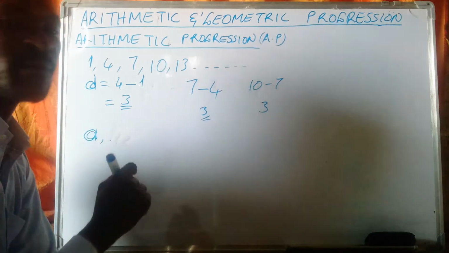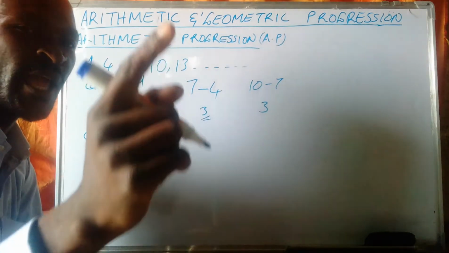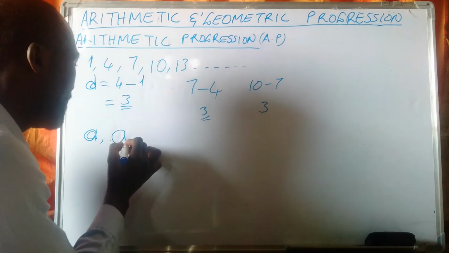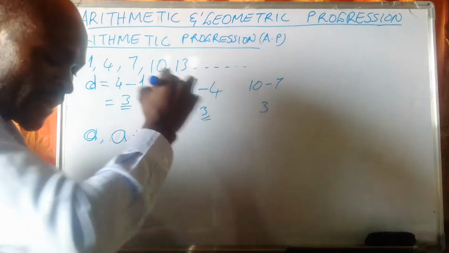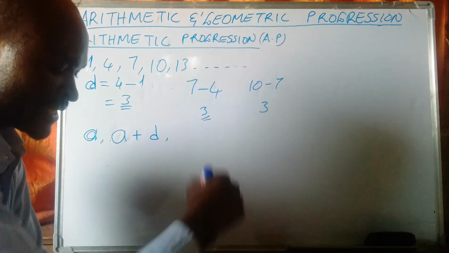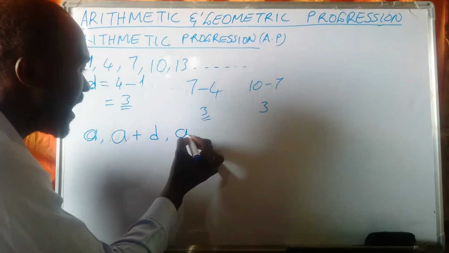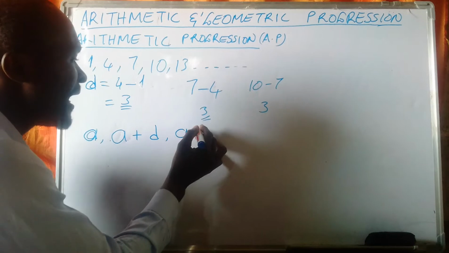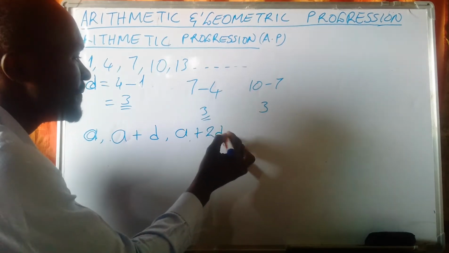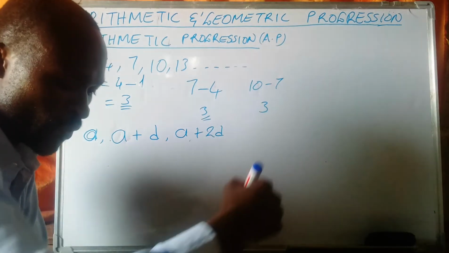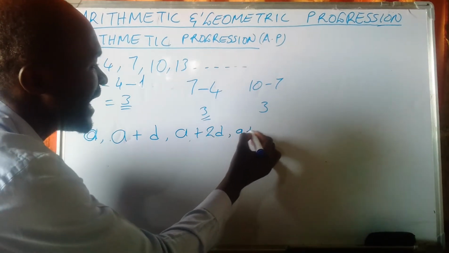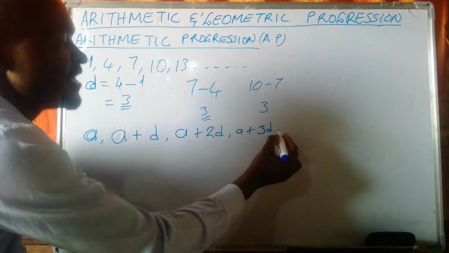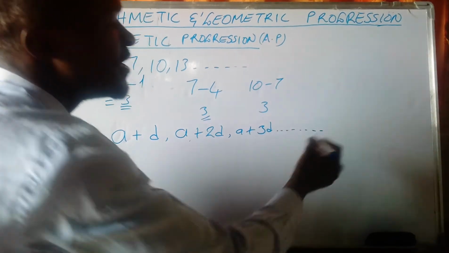Since A is the first term and D is the difference, you will say A, then A plus D, then a comma. The next term will be A plus 2D. Then you are going to have A plus 3D, and you keep continuing.